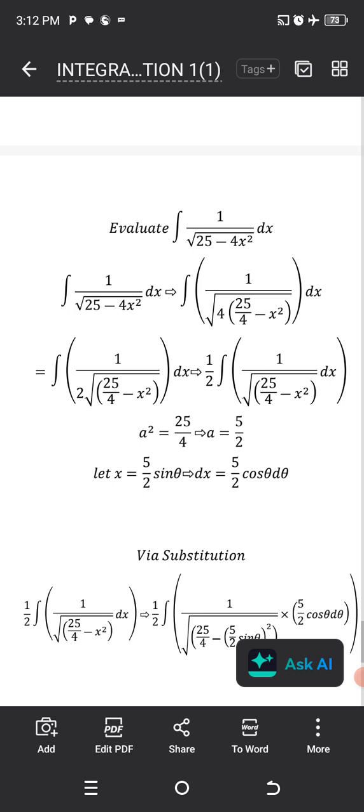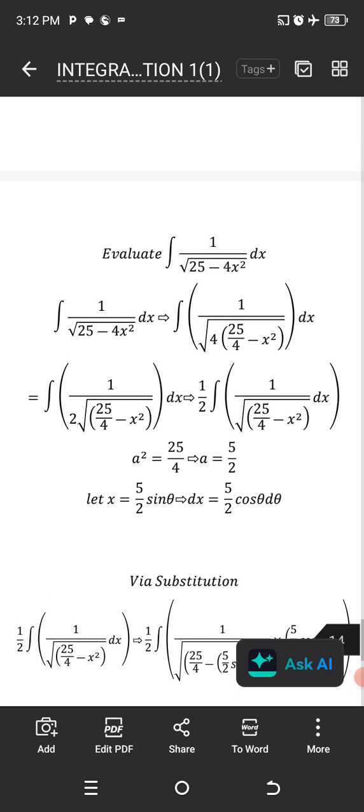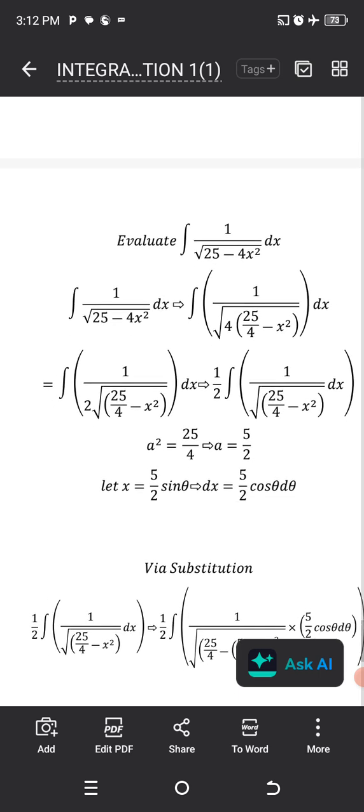If you want to factorize out 4, that is the coefficient of x squared, bringing it out, we make the expression: integral of 1 over square root of 25 minus 4x squared dx implies integral of 1 over square root of 4 times (25 over 4 minus x squared) dx.